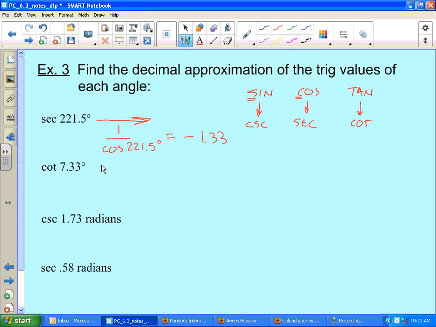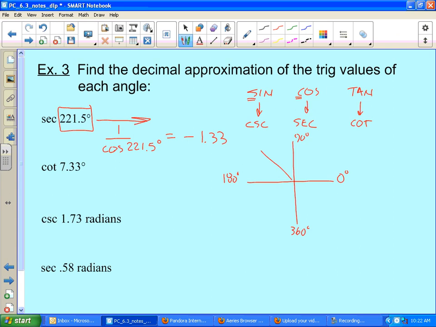So how does this relate to what we were just doing? What quadrant is that in? It is in one quadrant. Which one is 221? It's in quadrant 3. You guys are going to get familiar with your angles. Remember, this is 0, there's 90, 180, 360. So I'm over here.